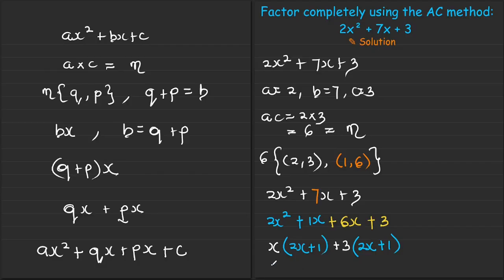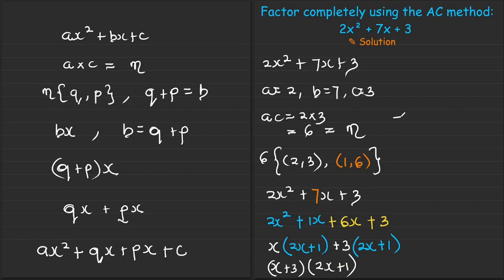So we have x plus 3, that is this coefficient here, and then this coefficient here. We have written them together. So this x plus this 3, giving us x plus 3. Then into the other bracket, we have 2x plus 1. And that is it for the factorization.